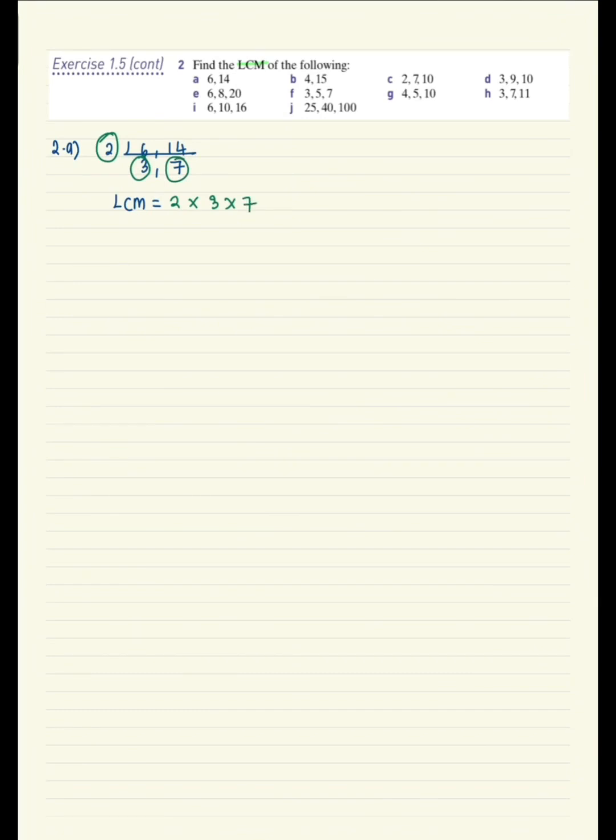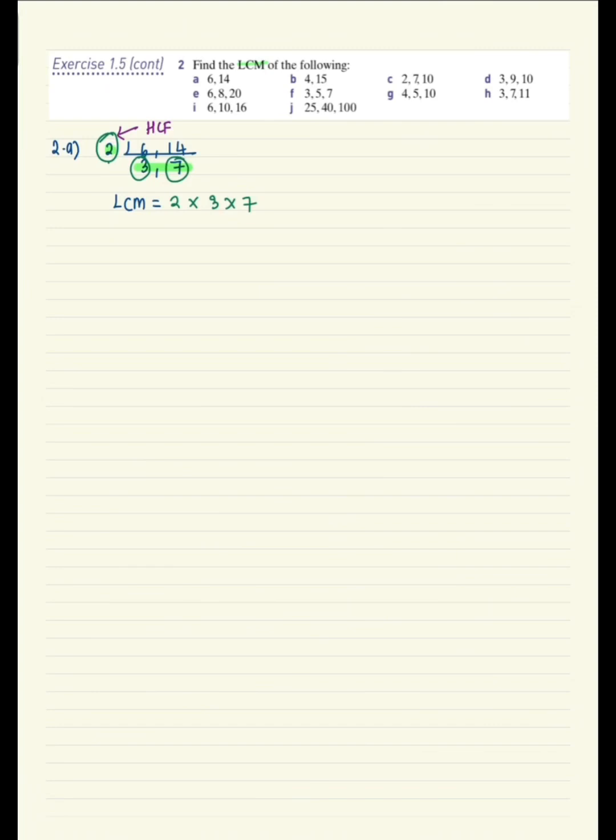In order to find the highest common factor, you only take the numbers on the left. But to find the lowest common multiple, you have to take the numbers on the left as well as the numbers at the bottom and multiply them. How do you remember this?